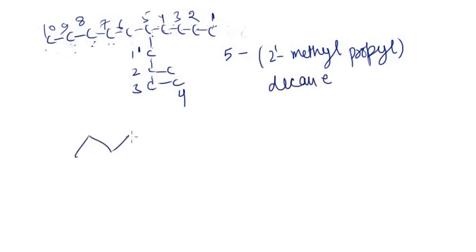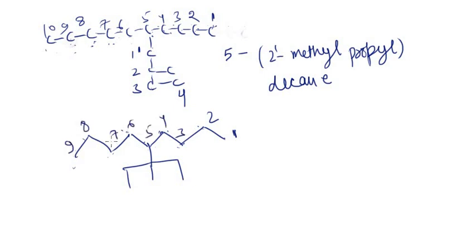Again, if we look at one more example of this particular complex substituent: 1, 2, 3, 4, 5, 6, 7, 8, 9, then 1, 2, 3, 4, 5, then 1, 2, 3. It is the fifth from both sides. We will give it as 1 dash, 2 dash, 3 dash.